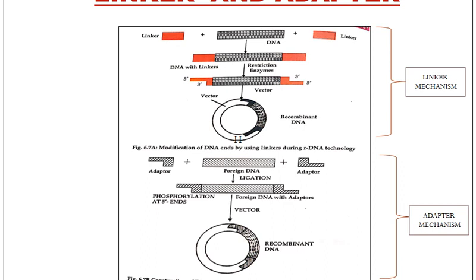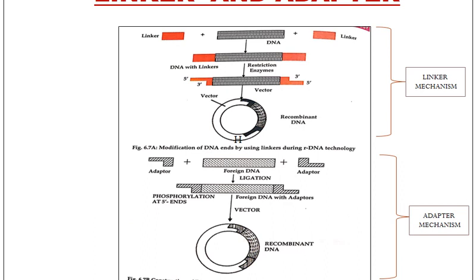Coming to the adapter mechanism, in the same way as we added both linkers at the ends, we add both adapters to the ends of a foreign DNA. With the help of ligation, similarly, 5 prime 3 prime and 3 prime 5 prime ends are formed, which we call the nicks.